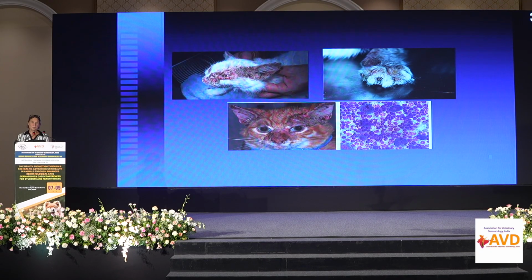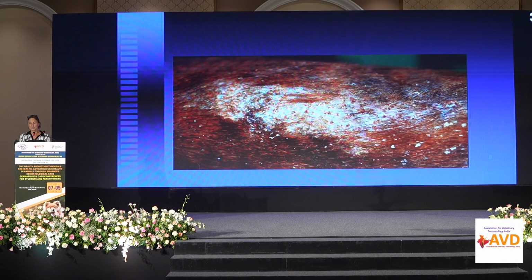The distribution of the lesions already helps you to think about pemphigus because it's a disease that starts on the head, while pyoderma is typically a truncal disease. And when you do your cytology, you will also see the acantholytic cells, which are these nice blue cells. You can put these things together and rank pemphigus foliaceus higher on your list of differential diagnoses.